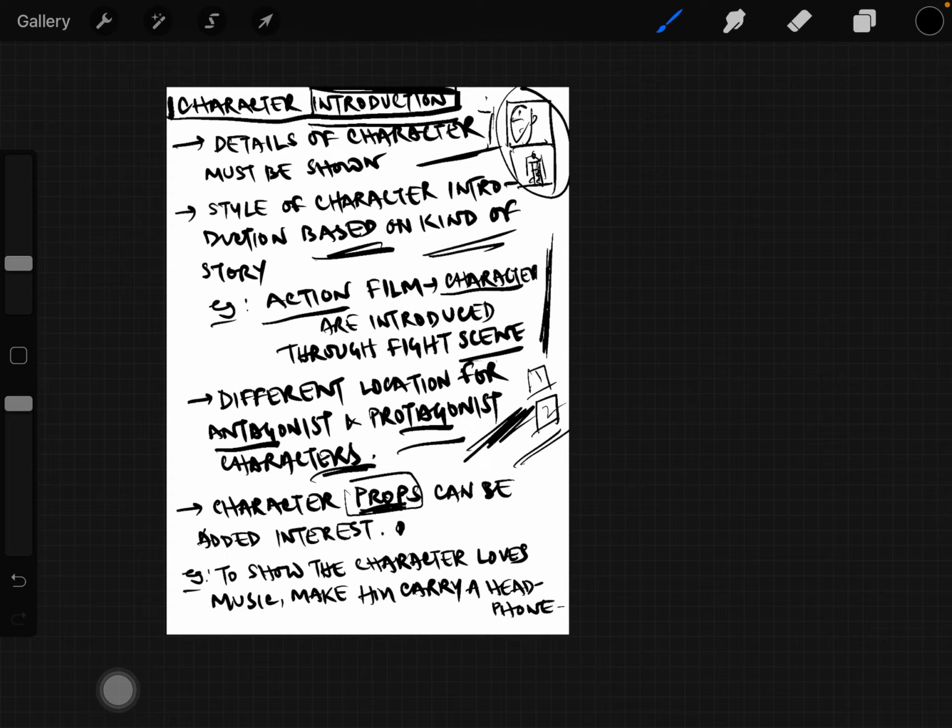Different locations for different characters. Antagonist characters are shown in their own location, and protagonist characters are shown in different locations, to give a very clear idea in the viewer's mind about the different setups the characters are coming from. Okay, character props can be used to give added interest.